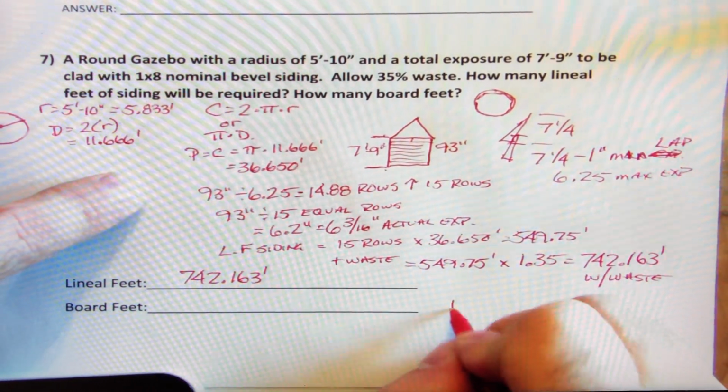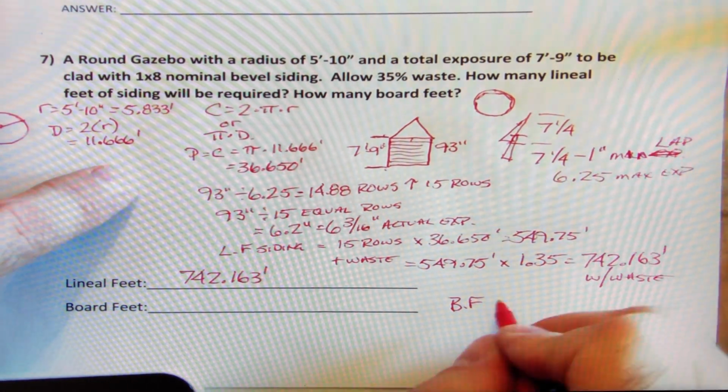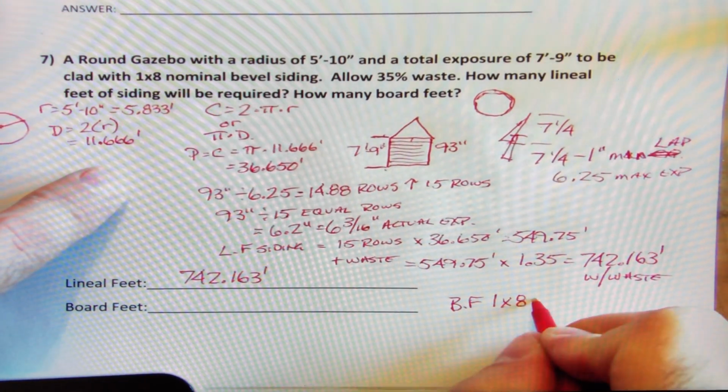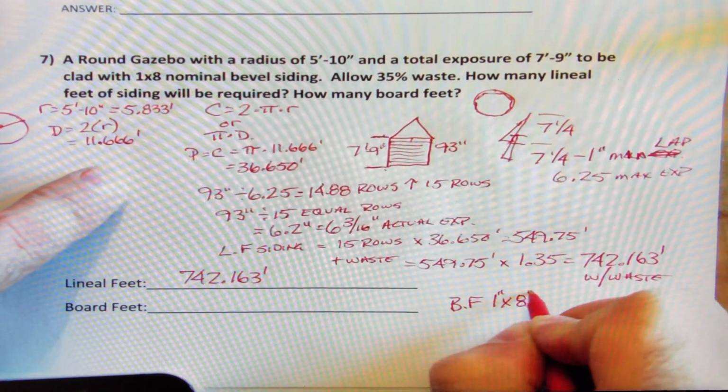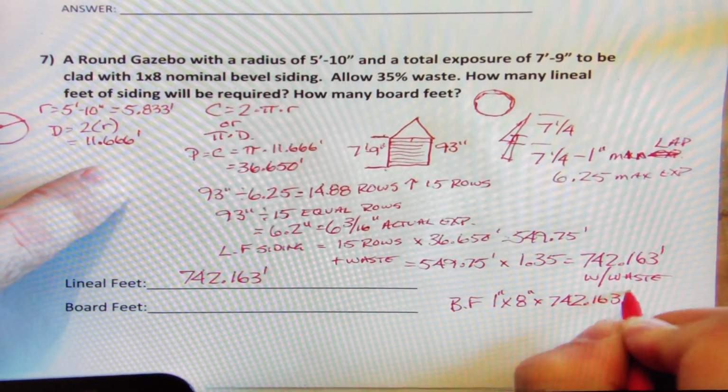On my board footage, I will calculate it with the waste right now. I have 1 inch by 8 inch by 742.163 feet.